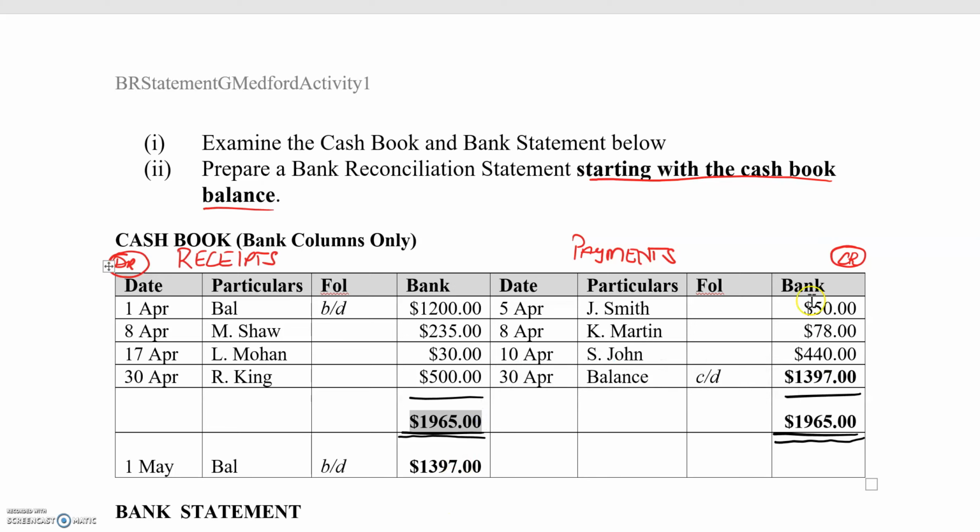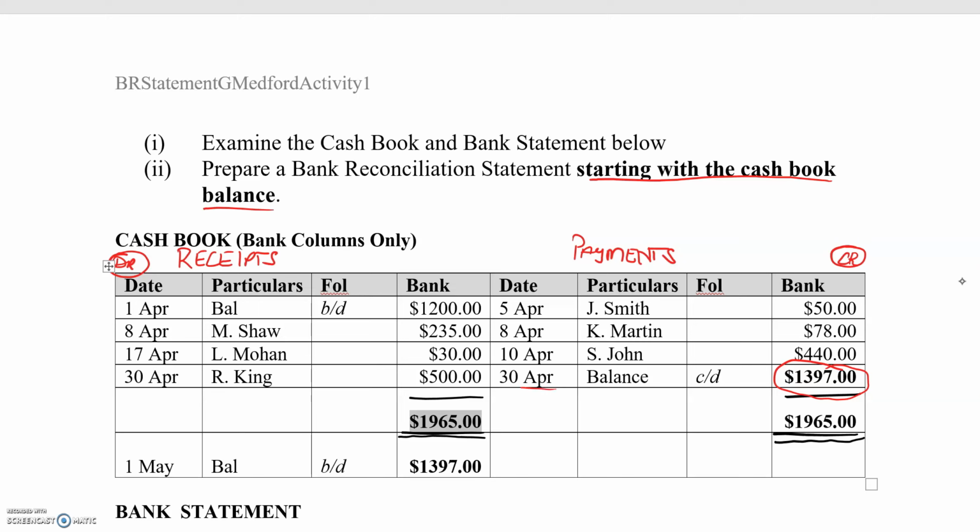And we add all our debits, which gives us a total of $1,965. We add all our credits, 50, 78, 40, and subtract that figure from 1,965, and that gives us our balance carried down, which is $1,397.